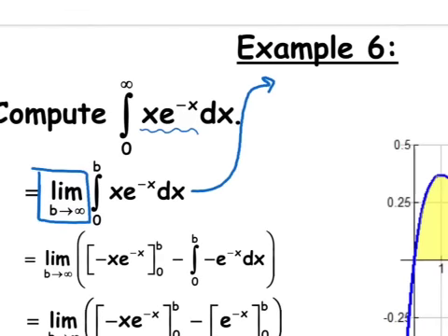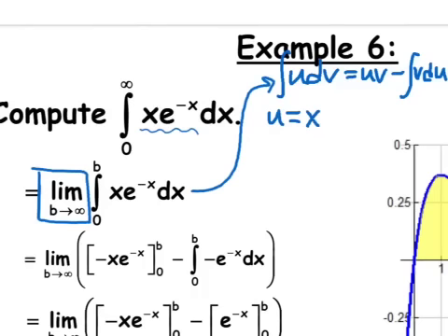So let me just remind you of the integration by parts formula. It's the integral of u dv is going to equal uv minus the integral of v du. And that will actually work pretty darn well for this particular scenario. What I'm going to do is I'm going to let x equal u, and I'm going to let e to the negative x dx equal my dv.